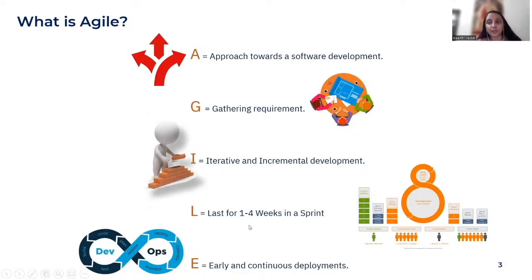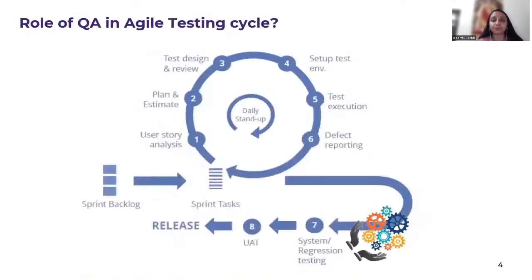Usually we don't recommend more than 4 weeks for a sprint, because that leads to unexpected issues where we cannot think of what the end product is and what the definition of done is. And we always encourage agile to get early and continuous deployments, so that a minimum viable product will be delivered to the end customer as early as possible, instead of the traditional waterfall model.